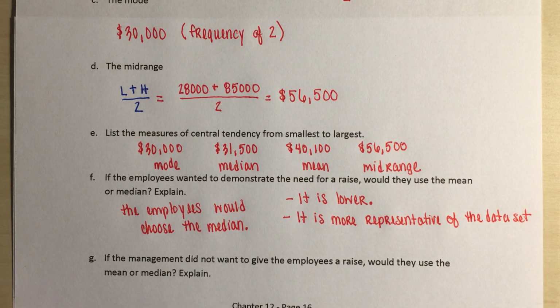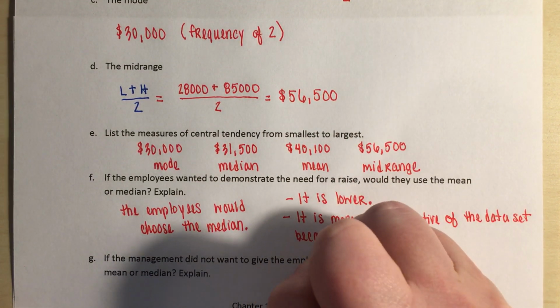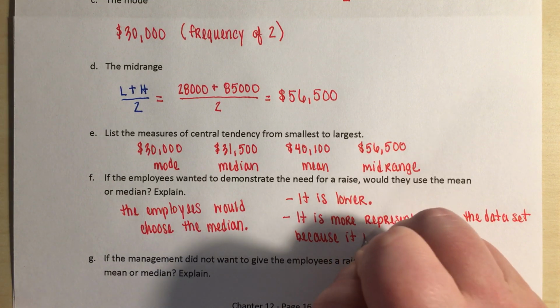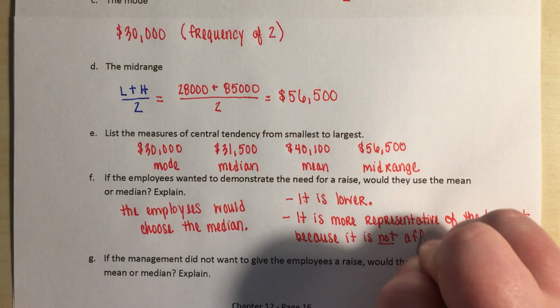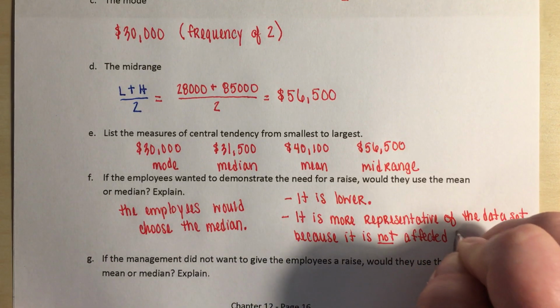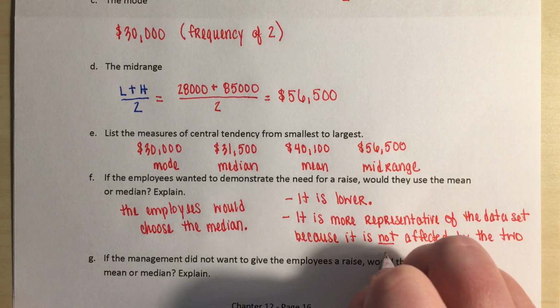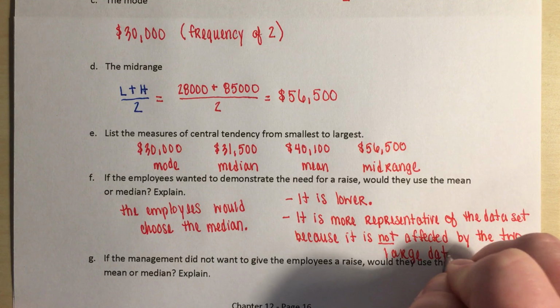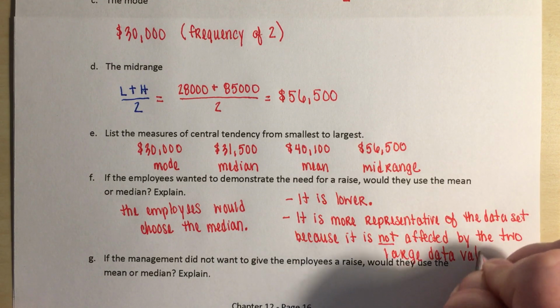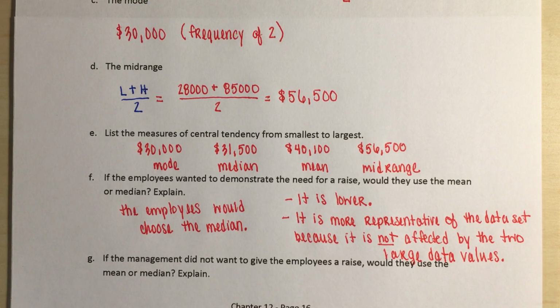Because it is not affected by the two large data values. So they could argue that it's a better representation of the data set because it's not affected by these two values.